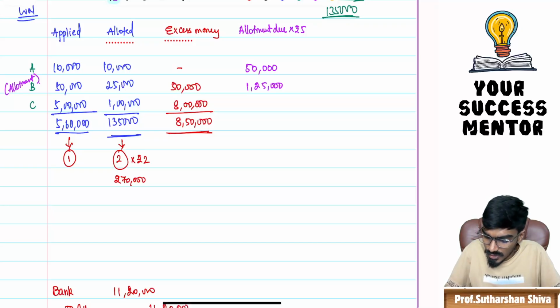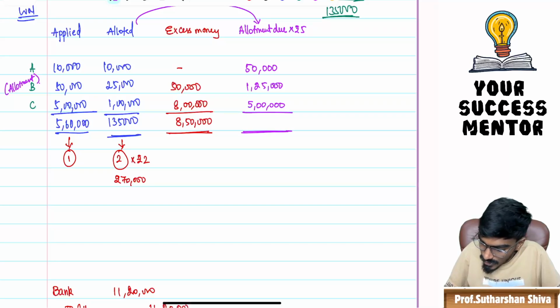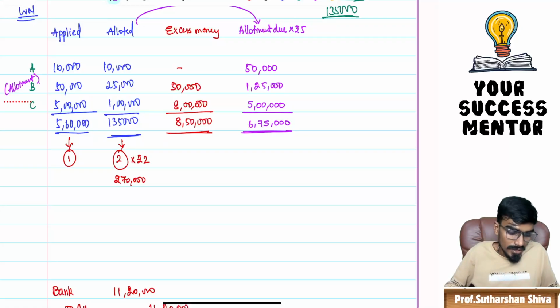Then with respect to C, you should multiply this with 5 rupees. That is 5 lakh. How much is the allotment money due? 6 lakh 75. Yes, sir. 6,75,000 is the allotment money due.